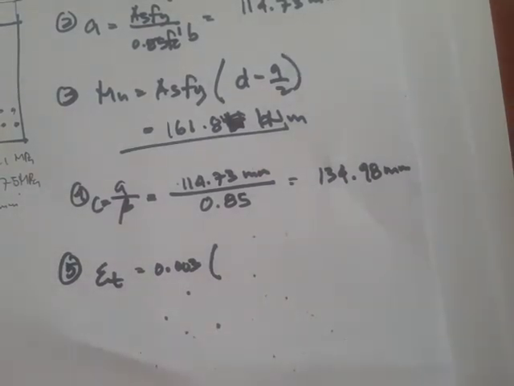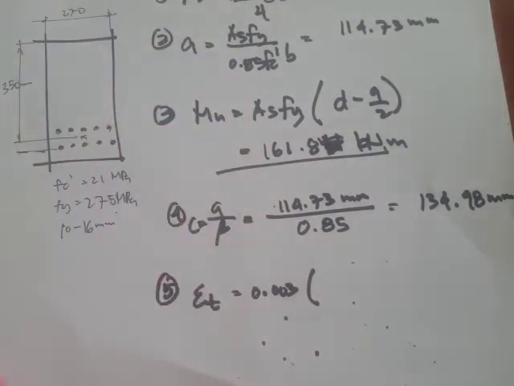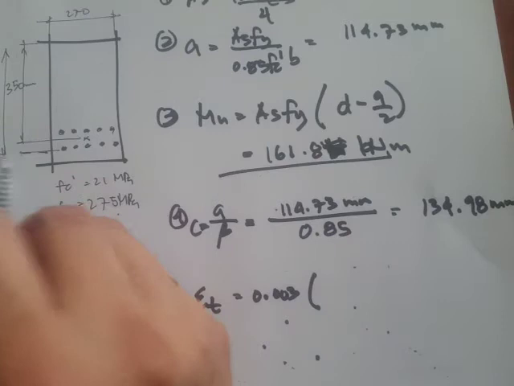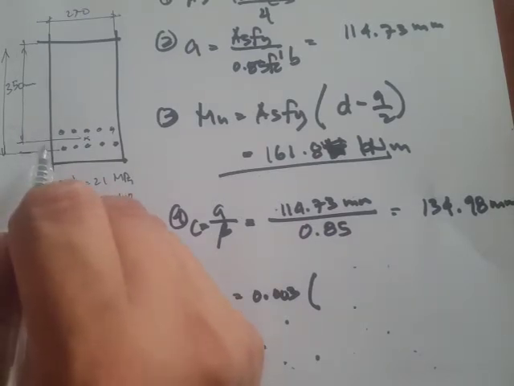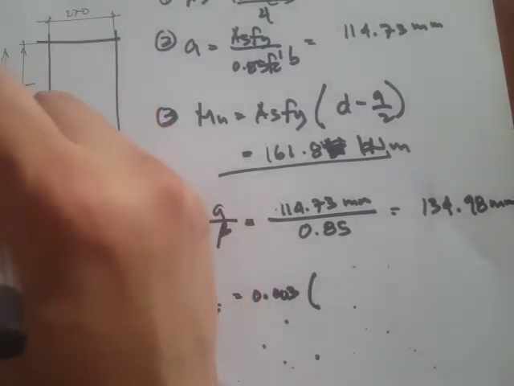Since we have two layers, we have to determine this distance. Let's say plus 25 mm, so let's say 365 mm, just for example.